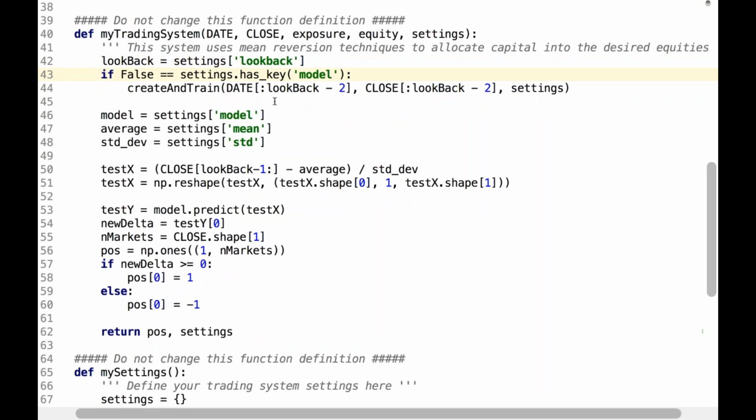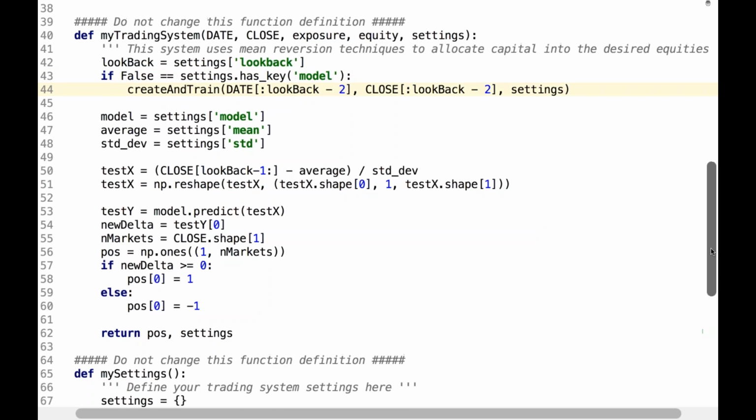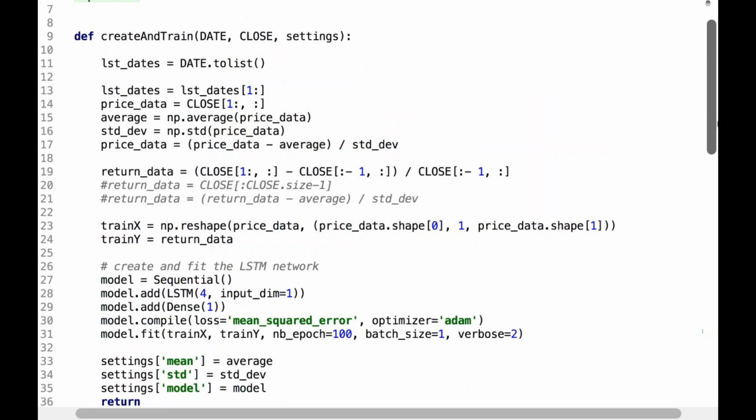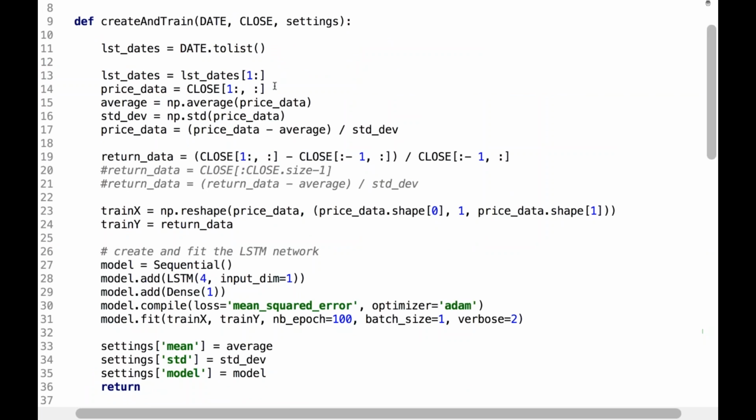The first time it's called, I look to see, have I added a model, my neural network model, to the settings? And if I haven't, I take my look back data and train my model with it. I've asked for 2 years worth of data. My look back is set to 504 days, which in terms of business days is approximately 2 years worth of data.